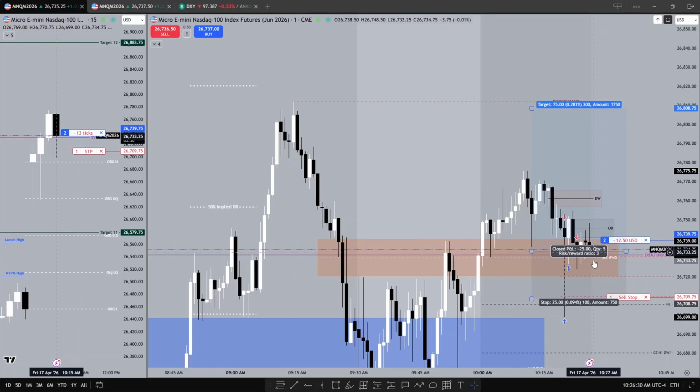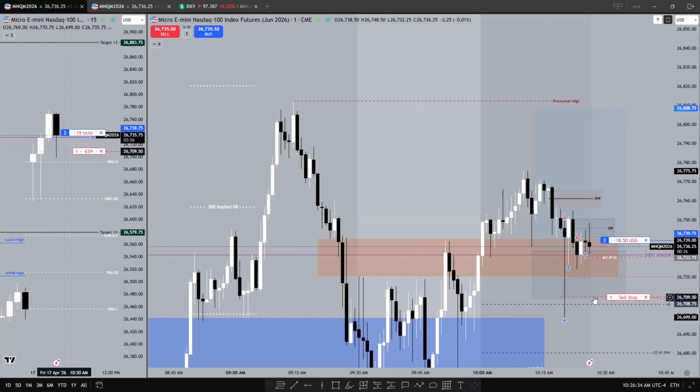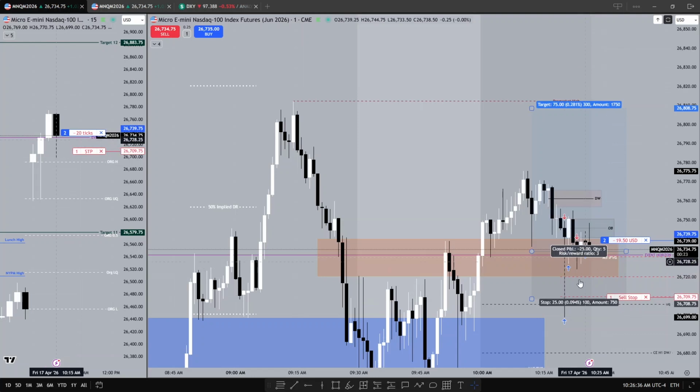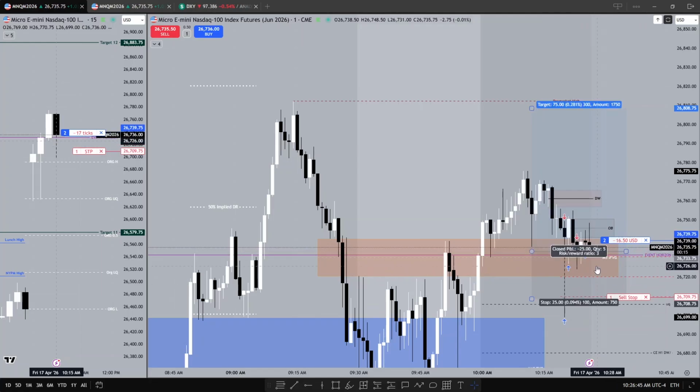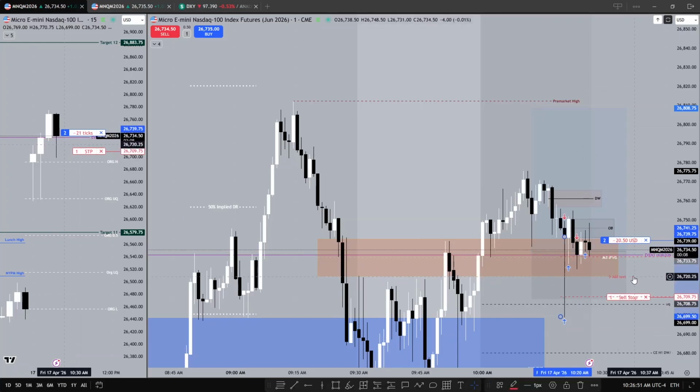I'm permitting it to trade as low as consequent encroachment, but not lower quadrant. I don't want to see it in the lower quadrant of this gap. Let's say it that way. So trading here is fine, but not beyond it, especially with any body close. So 1 minute should not close below this consequent encroachment. This consequent encroachment of the 5-minute discount gap.